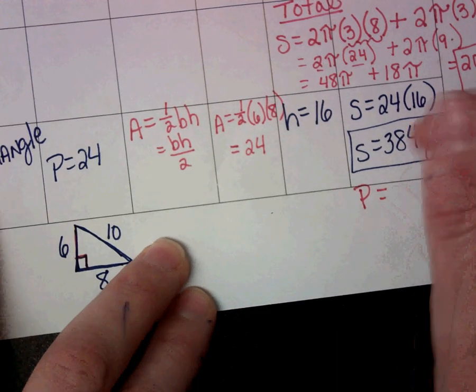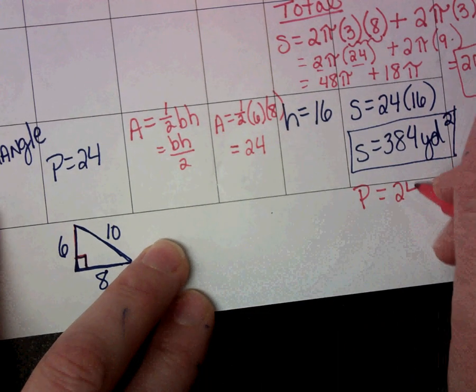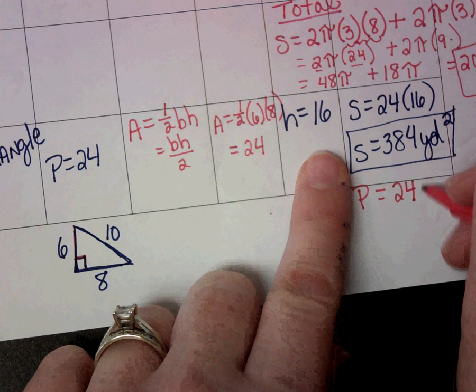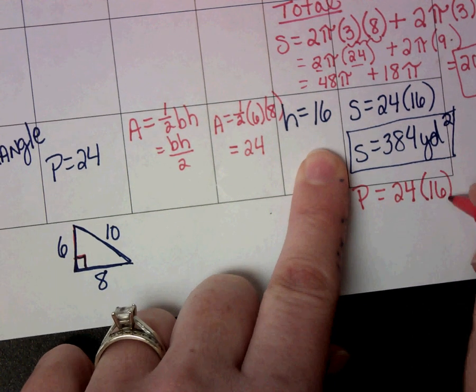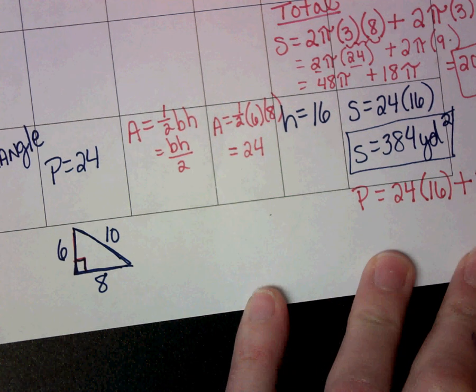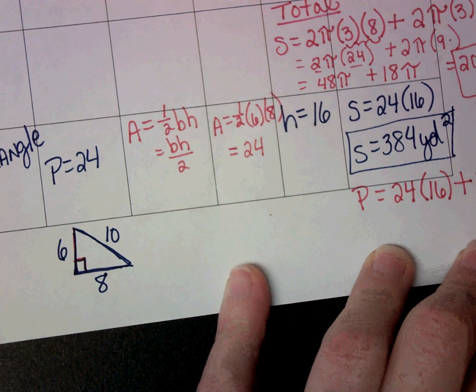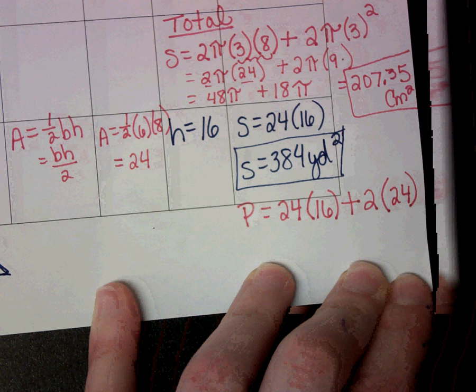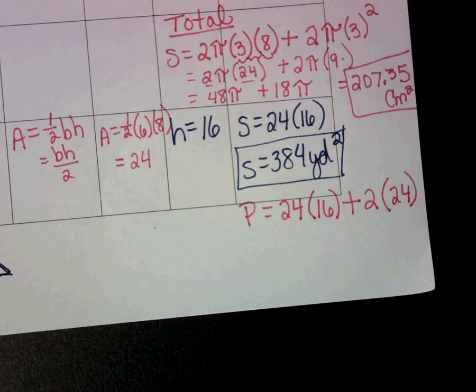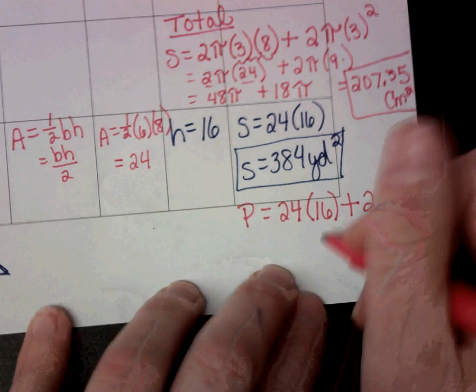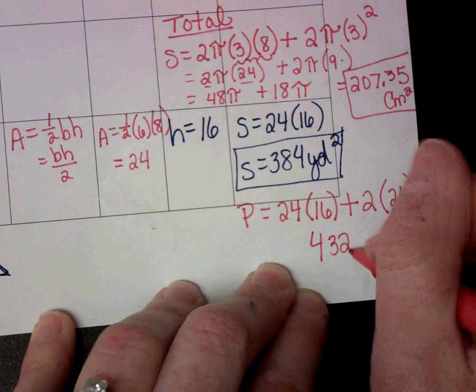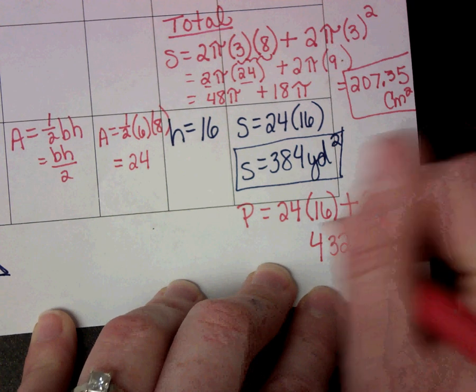The perimeter is 24. The height of our figure was 16, plus 2 times the area of the base. Okay, and so I don't know these numbers. I can do 2 times 24, but I can't do 24 times 16 in my head. 24 times 16 plus 2 times 24 is 432 square yards.